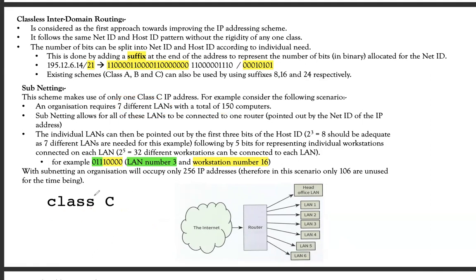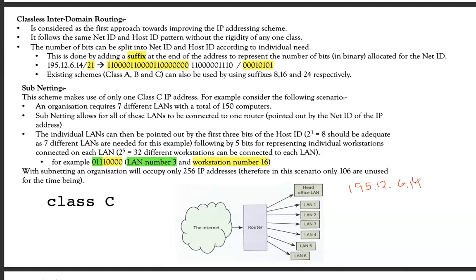Let's just say I occupy one net ID, and I've got something like 195.12.6.14. I've got this one class C net ID.